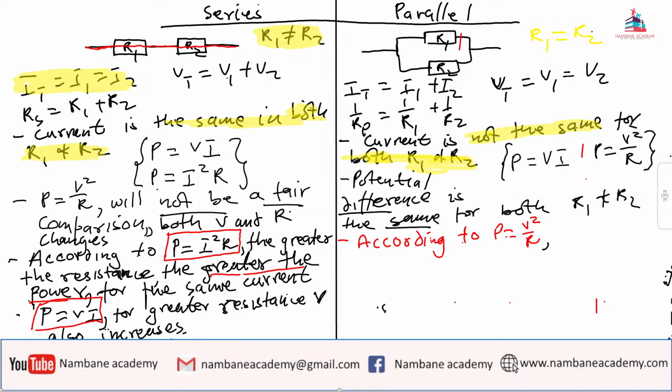The smaller the resistance, the greater the current, according to P is equal to VI.